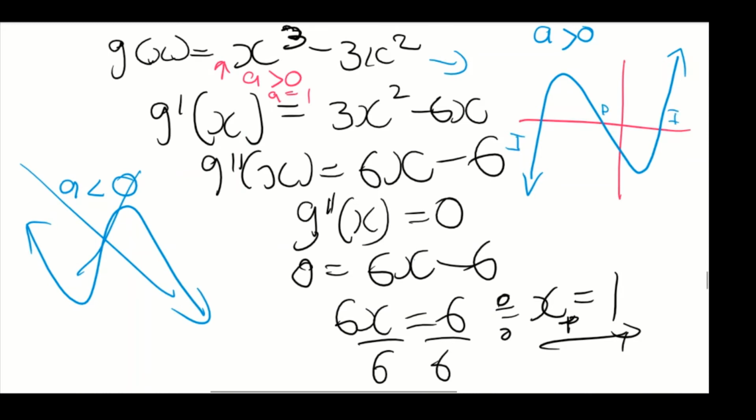So we have already identified the point of inflection being equal to 1 here. Let's say for example, this is 1. This is not drawn accordingly, just so you know. So this is x equals 1. Now, to identify the concavity of this function, we are looking for concave down.